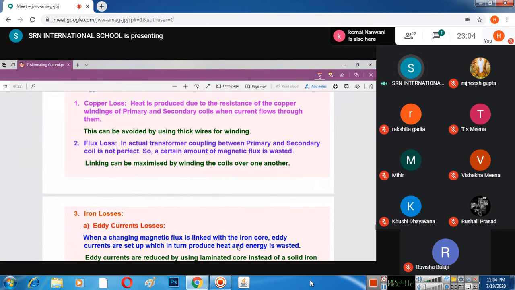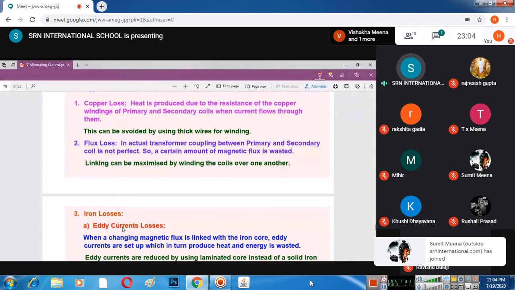We have two types of transformer: one is shell type, the second is core type. This shell and core are made of soft iron, and obviously, if current is flowing, then there is an induced EMF in the soft iron of the transformer, because this is also a metal, this is also a conductor. So EMF will also link with the soft iron, and there is an induced EMF in that soft iron, which also creates a loss in the transformer. That's why it is also known as eddy current loss or iron loss.